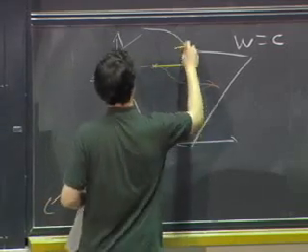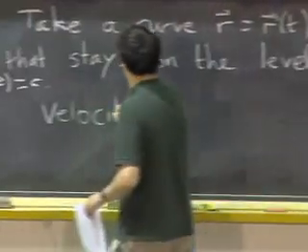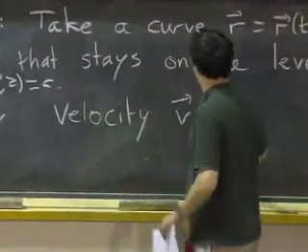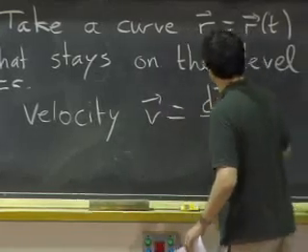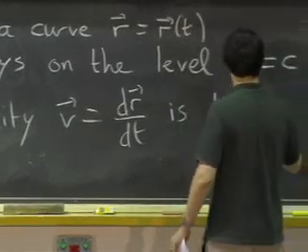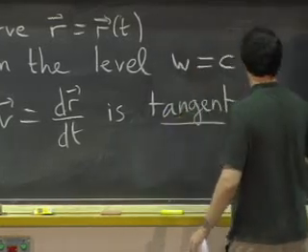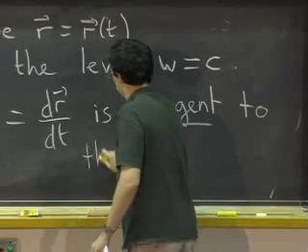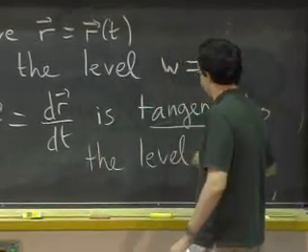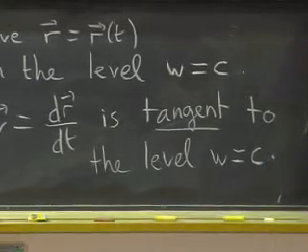So the claim is that the velocity v equals dr/dt is tangent to the level W equals c, because it's tangent to the curve, and the curve is inside the level.